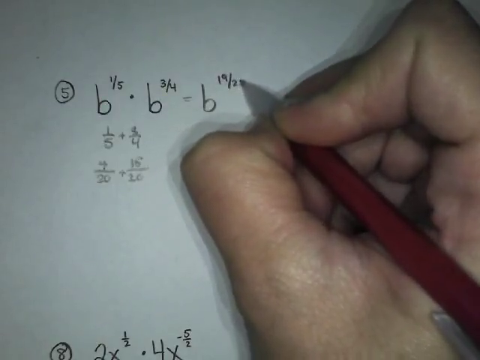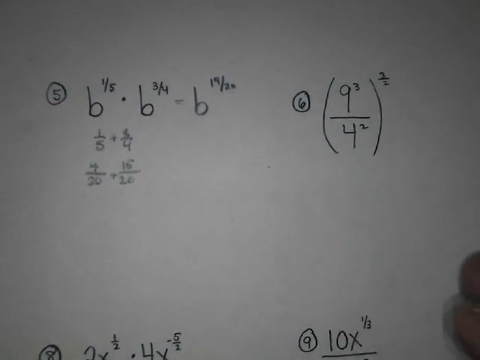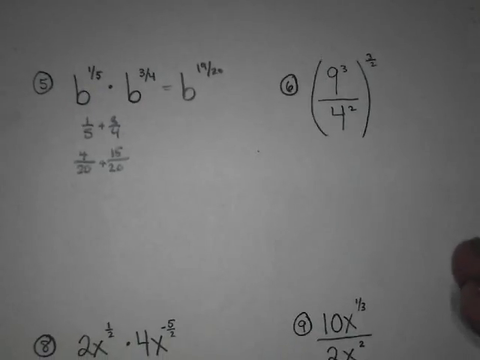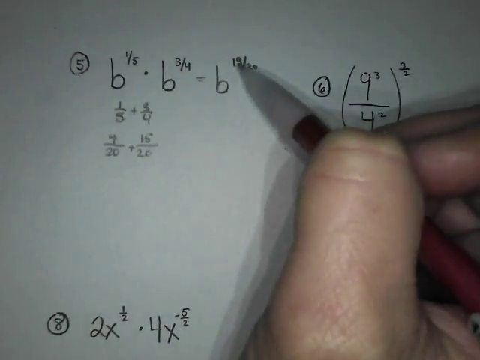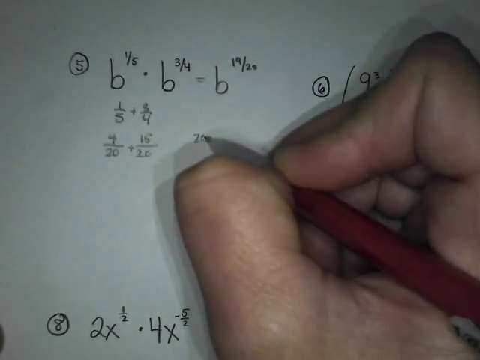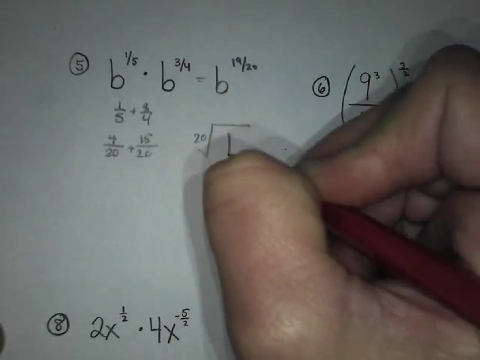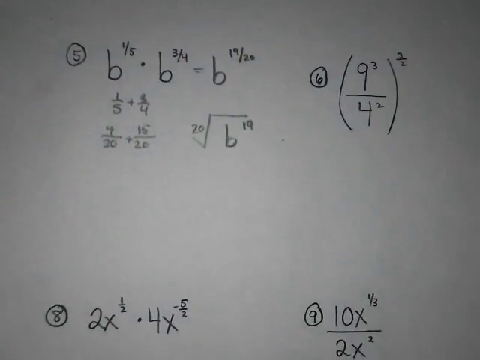Okay, we add our exponents here. 1/5 plus 3/4, common denominator necessary. 4/20 plus 15/20 is 19/20. Okay, so in radical form, that's going to be the 20th root of b to the 19th power.